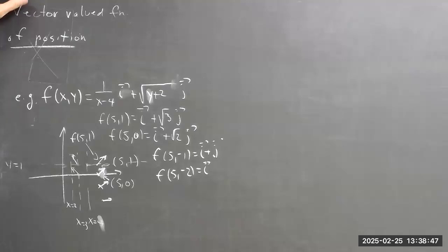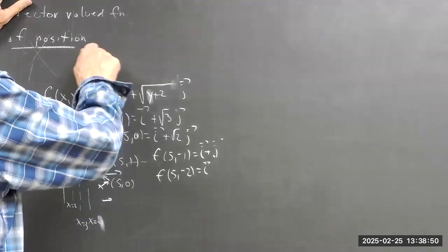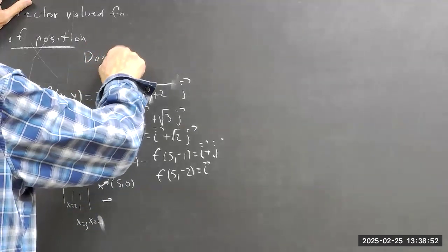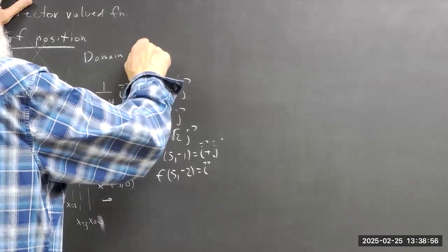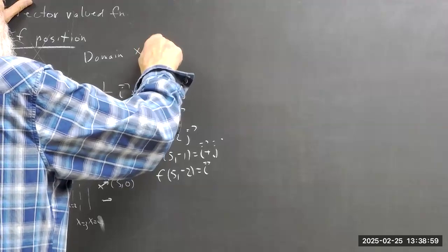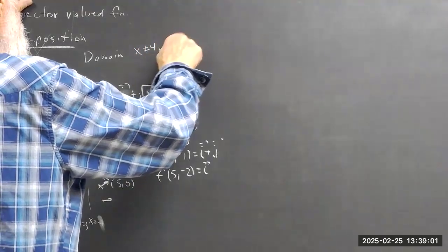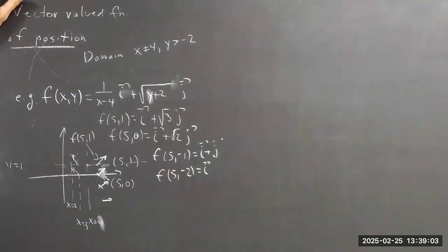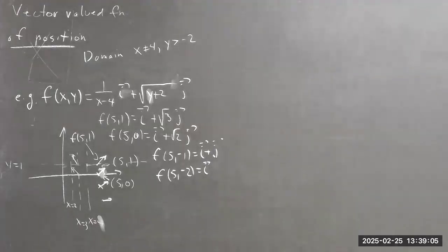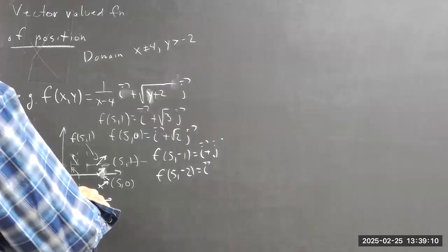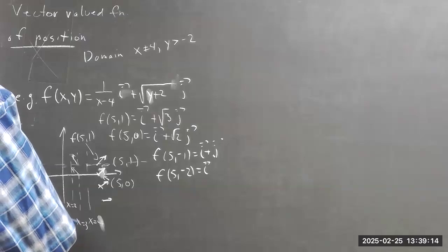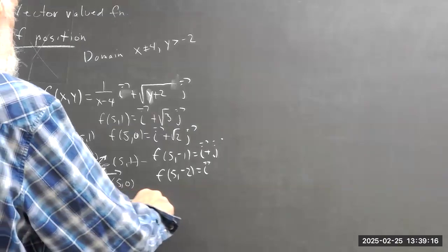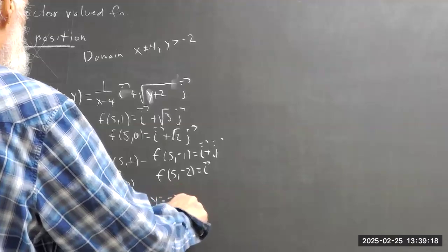Now, you can get the domain and the range. Here x is not equal to 4, and y is greater than -2, right? So what you can do is come down here to find y equals -2.